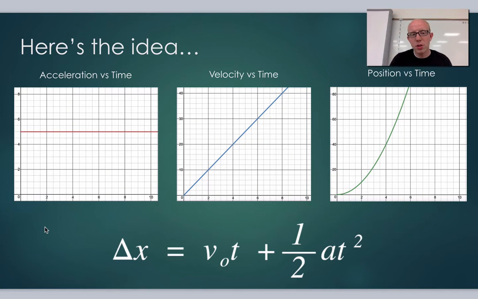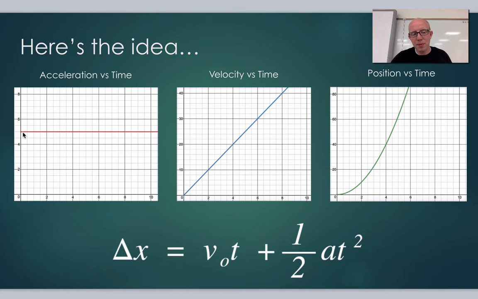So here's the idea. If we know acceleration is constant, and that's what we assume for all of the kinematic equations, then the graph of acceleration is just a flat line. It stays the same value for the whole time, right? It's constant. If we want to take the velocity time graph from that, we've learned in class that we take the area under the curve to go up.